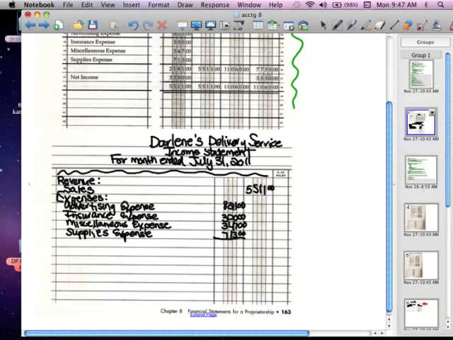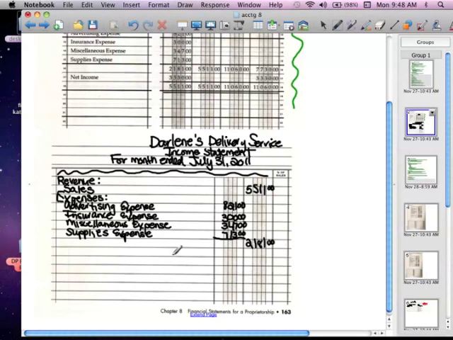Take a minute and figure that out. Hopefully you get 2,181, which represents total expenses.